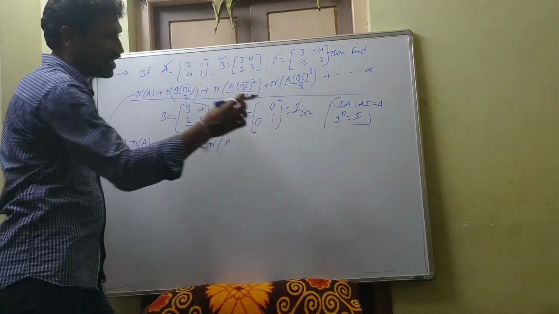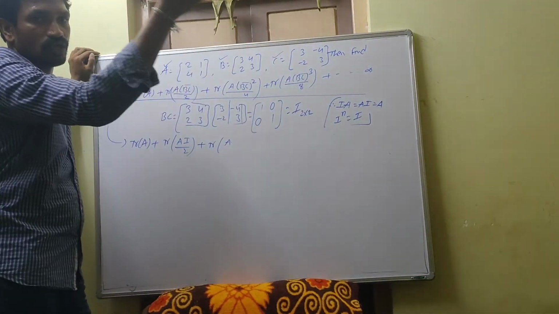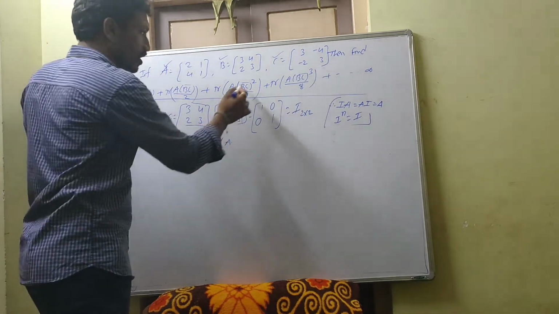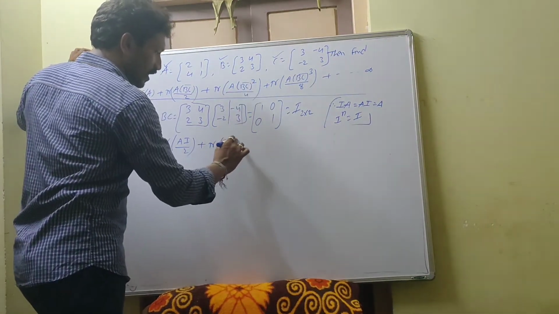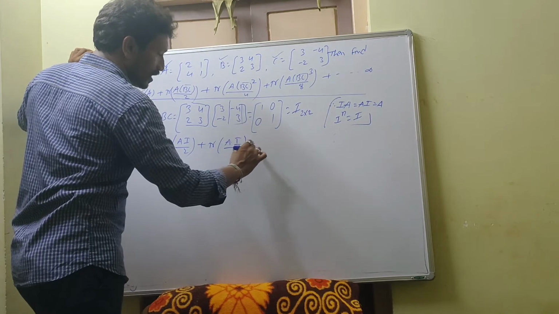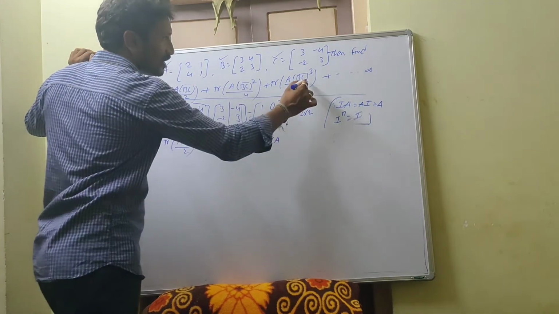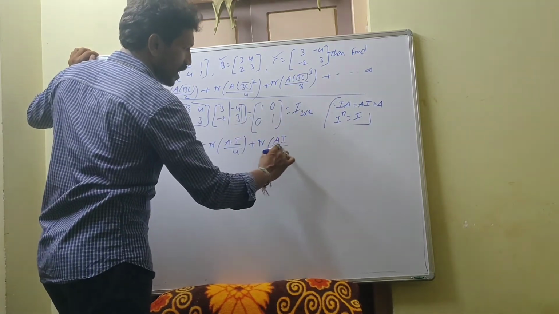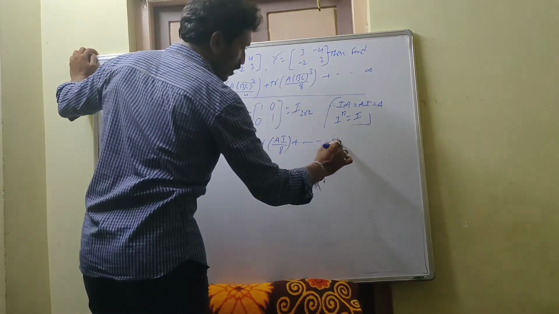I square means I power n, any value, 1, 2, 3, 4, you take any one, that gives I only. So I square means I only, AI by 4 plus trace of A into I cube, which means AI by 8, plus and so on to infinite.